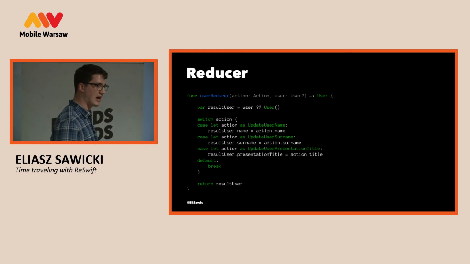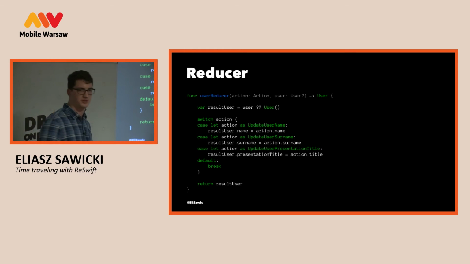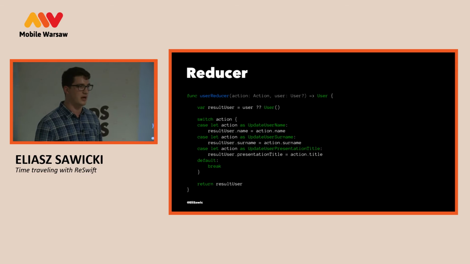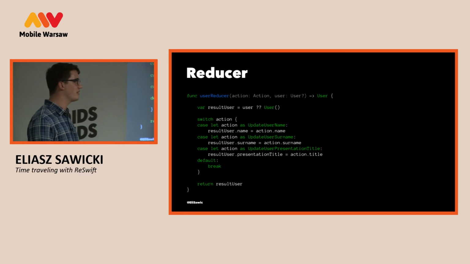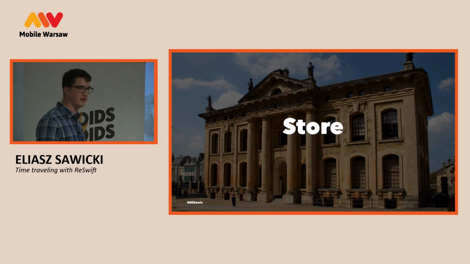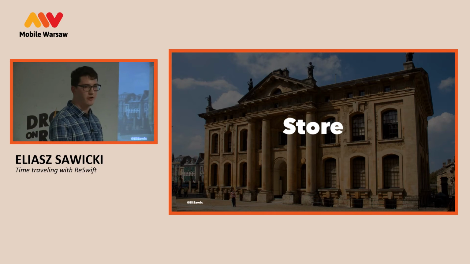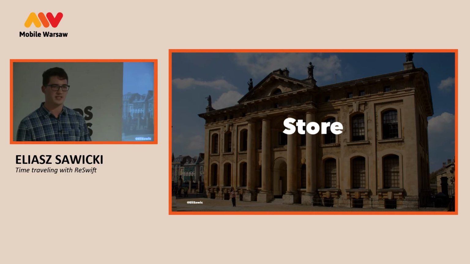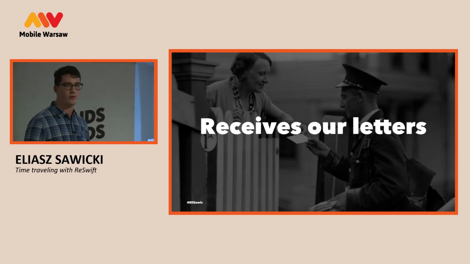And I was speaking about reducers like some kind of archivist, librarian who knows everything, but they have to have a place to live somewhere. So that's a store. That's our place that will receive our letters.